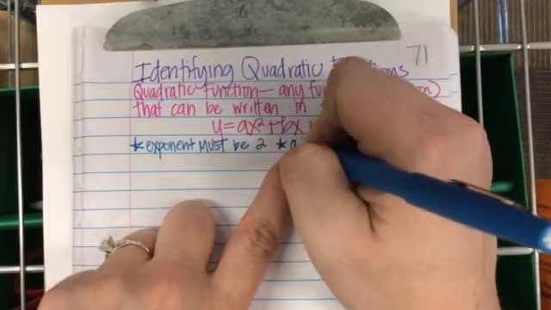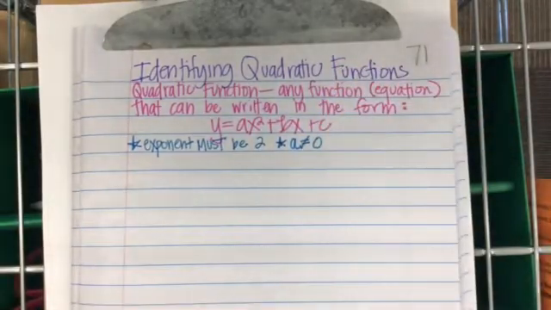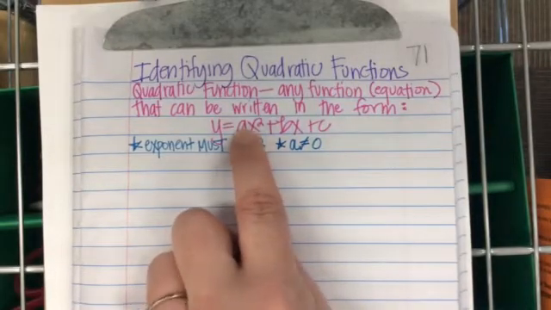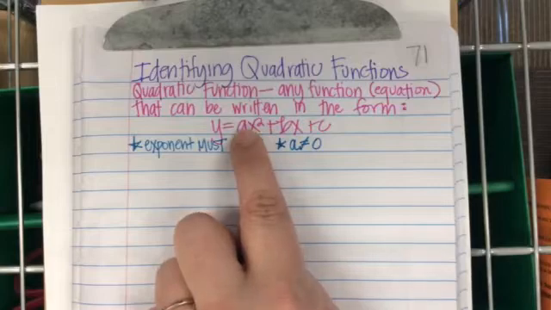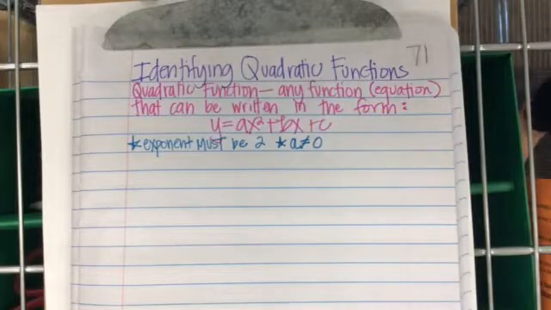That being said, your a value cannot equal 0. Because if your a value is 0, what happens to your x squared? What does it do? It disappears, right? It's gone. So if your a value is 0, you have no x squared, meaning it's not quadratic.